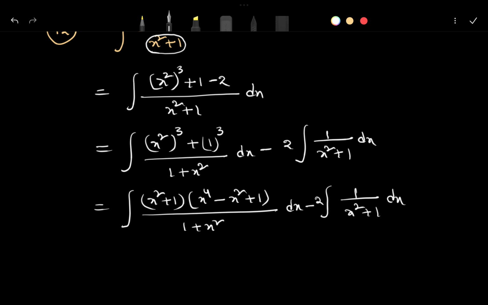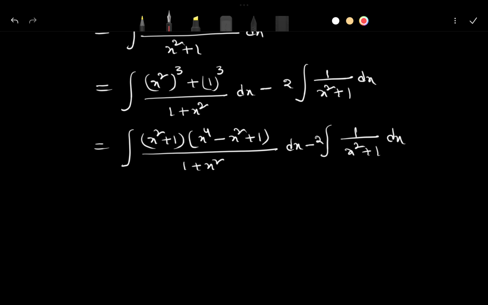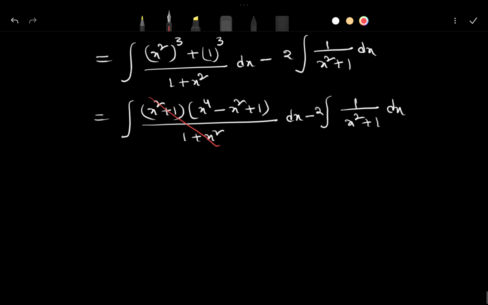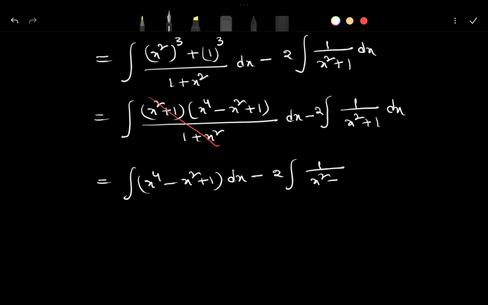Okay, right. After this, what is common in the numerator and denominator of the first term? x square plus 1. It will be cancelled. The remaining value will be integration of x to the power of 4 minus x square plus 1 into dx, minus 2 into integration of 1 by x square plus 1 into dx.